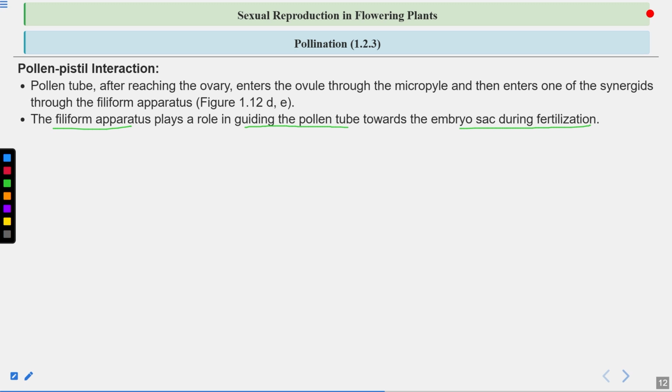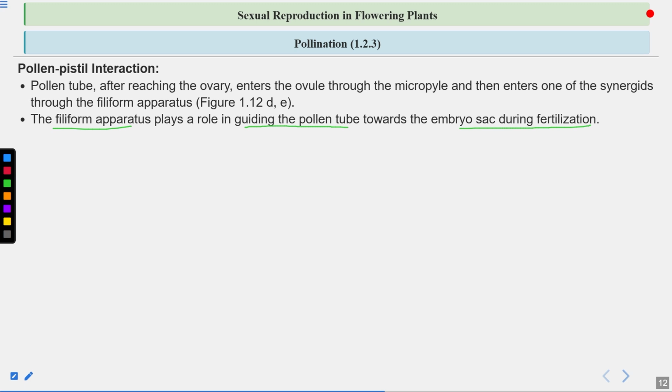Once the pollen tube penetrates and enters the synergid cell, it releases all its content there. What is the content of the pollen tube? Some cytoplasm and the two male nuclei or the two male gametes. That is released in the synergid cell.